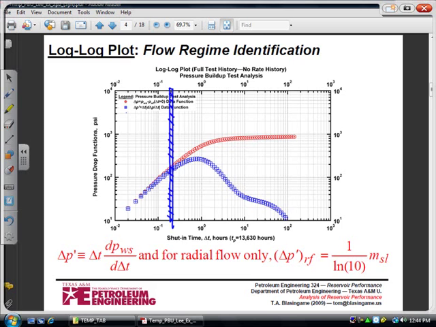And this part is wellbore storage domination. And what is the equation for wellbore storage domination? You don't remember?